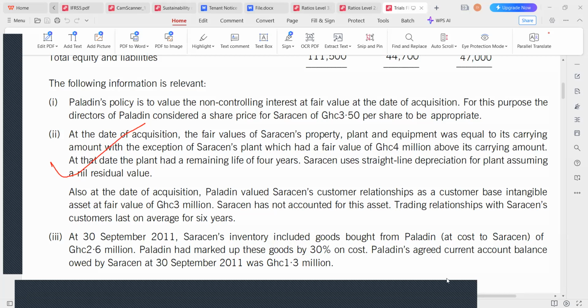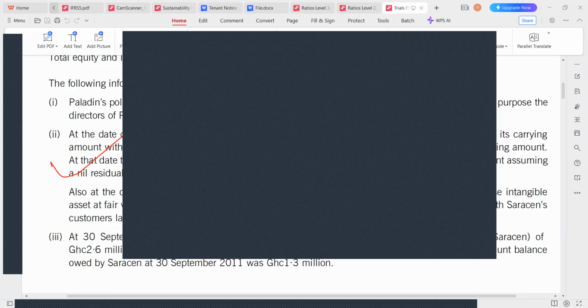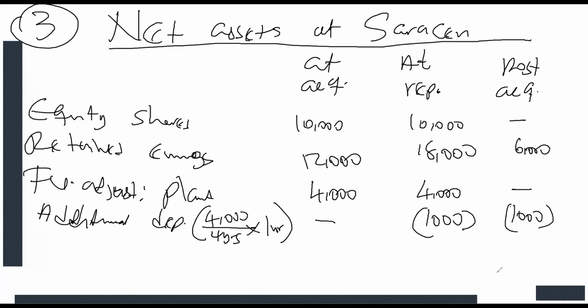And the amount is what? 3 million. So go and add 3 million to the intangible. So go to the net assets of Saracen. Right here, intangible assets, in brackets, customer list.